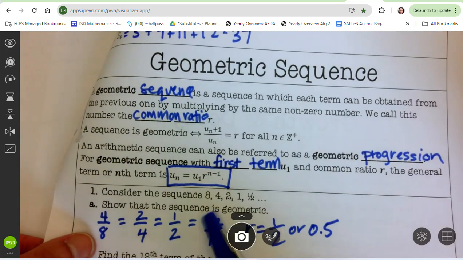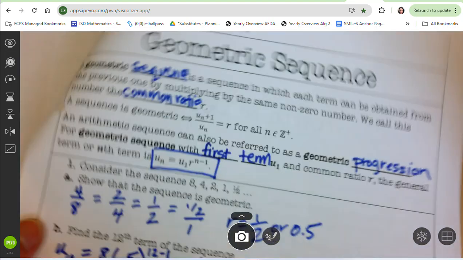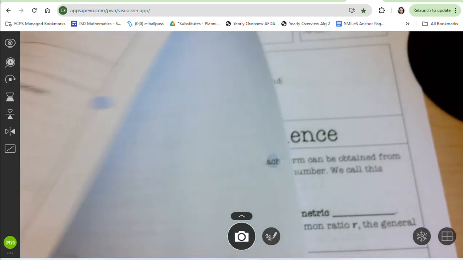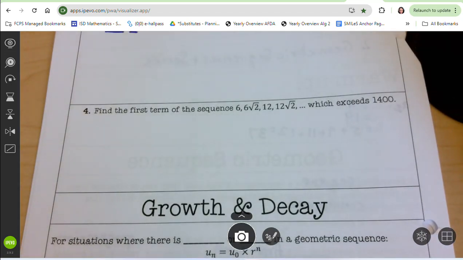The term before it, right? So we divided 4 by 8, we divided 2 by 4. That's going to give us the same r no matter what. So we're going to do that, and we're going to come up with two equations in terms of k and r. If you have two equations and two variables, you can solve that as a system.